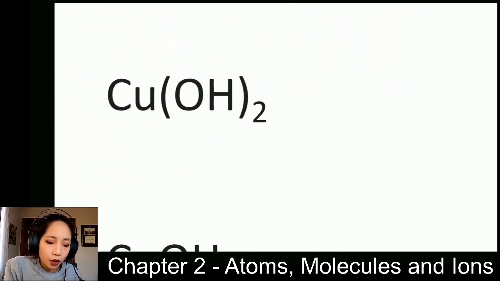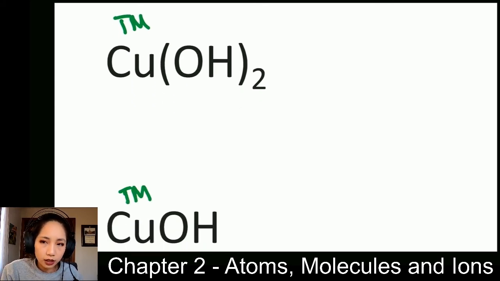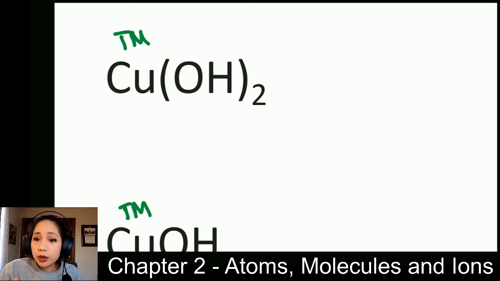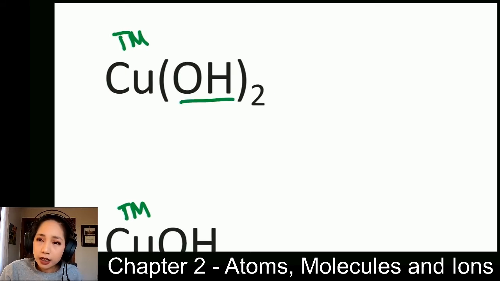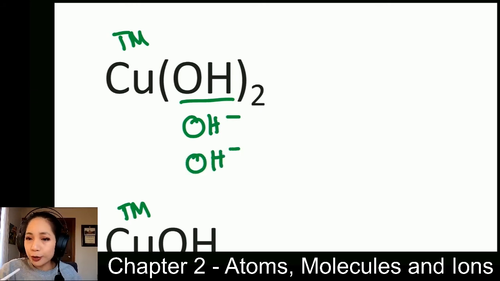All right, next one. Okay, so copper, also a transition metal. Both of the next two are transition metals. Again, we're going to have to figure out what the charge of copper is. We see the polyatomic anion here, it's hydroxide. We know that hydroxide has a -1 charge, but there are 2 of them.